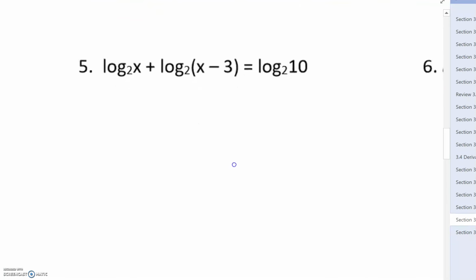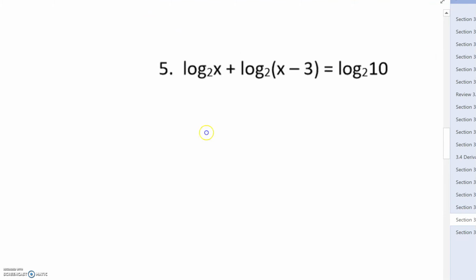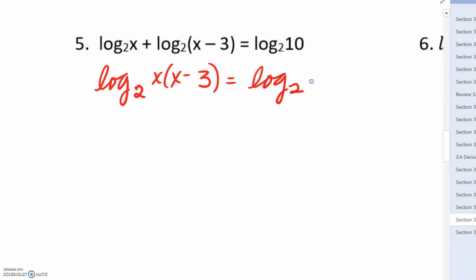Okay, let's come over here to number 5. There we want to combine, again, condense on the left-hand side. We're going to make that log base 2 using the product property of x times x minus 3 equals log base 2 of 10.